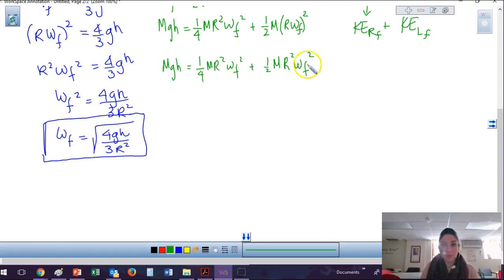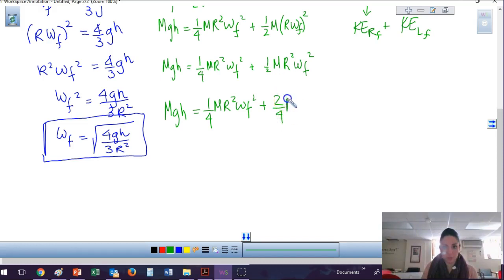So what we have is, let's see, 1/2 plus 1/4. So let me go ahead and think about this. So 1/4, I'm going to make this into a common denominator here. So 1/4 m R squared omega squared plus 1/2 is the same as 2/4, right?